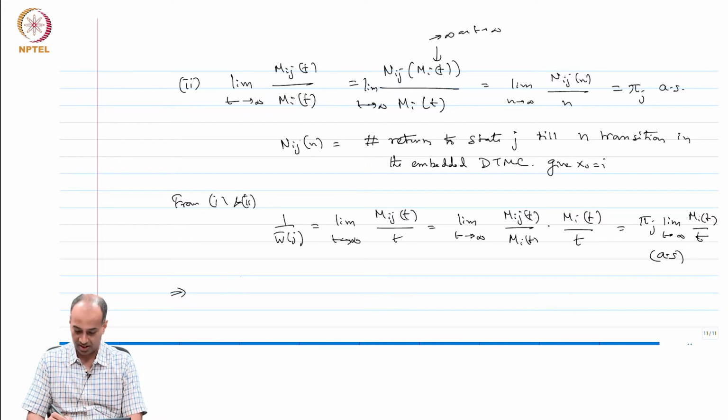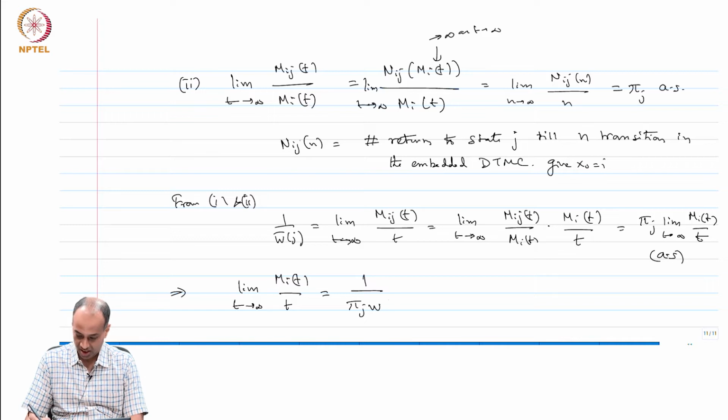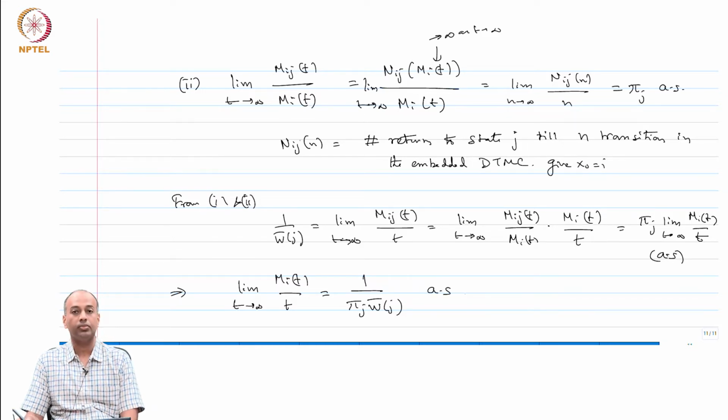Therefore, what does this say? It says that the limit as t tends to infinity of mi of t over t is almost surely equal to 1 over pi j w bar of j. So, what have we shown?